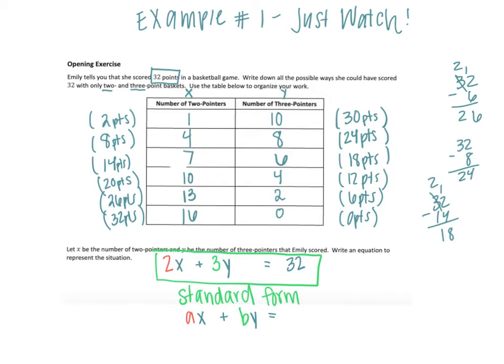We say c, but like whatever they give us it to equal. But this is the format. So you will be figuring out what goes for A, what goes for B, and what goes for C. In our case, our A was 2, our B was 3, and our C was 32. And if this is confusing for you right now, I promise you it's not going to be when we actually get into this work, all right? You're going to get really used to standard form.